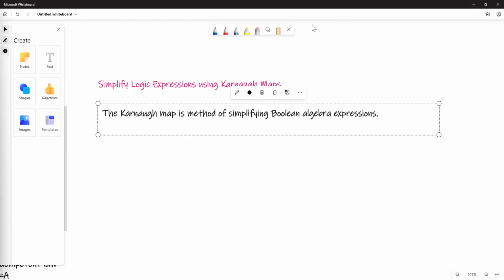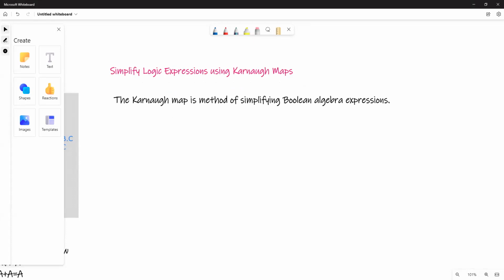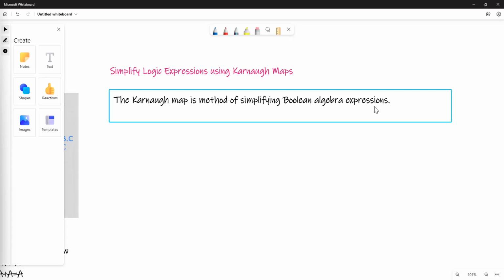If you ask me why Karnaugh maps, why not use Boolean algebra, right? So there should be a reason why we are using Karnaugh map. So if you ask why then Karnaugh map, it's easy, right? We have not done it yet, but you will see it's easy compared to Boolean algebra.